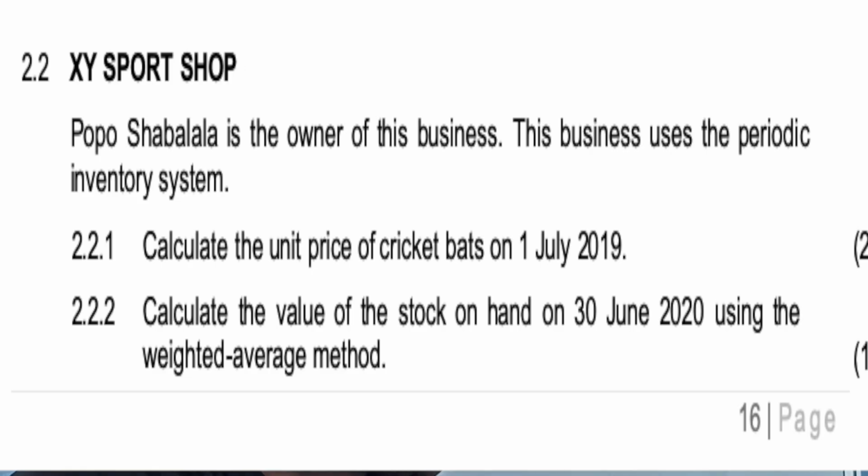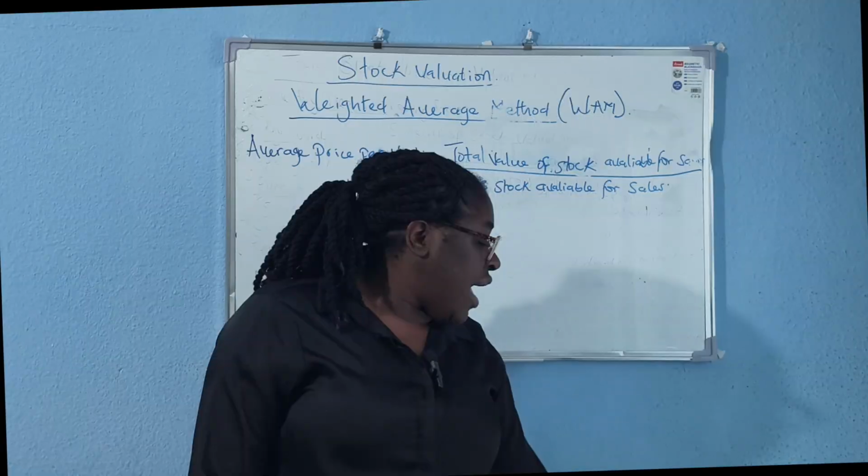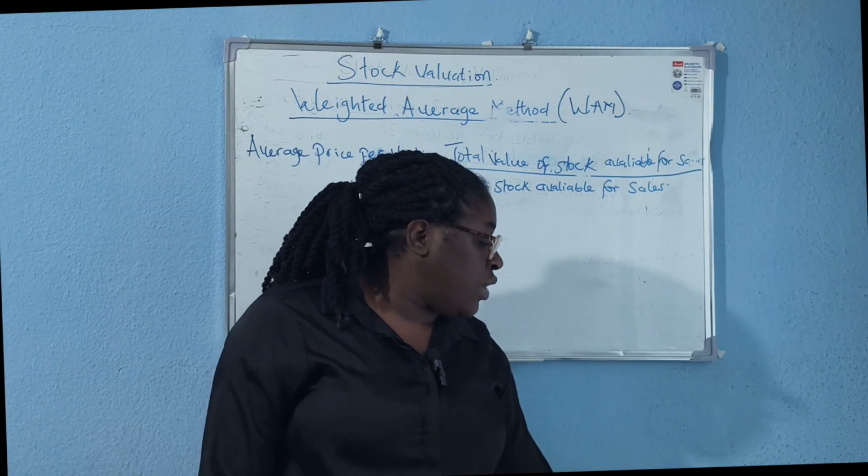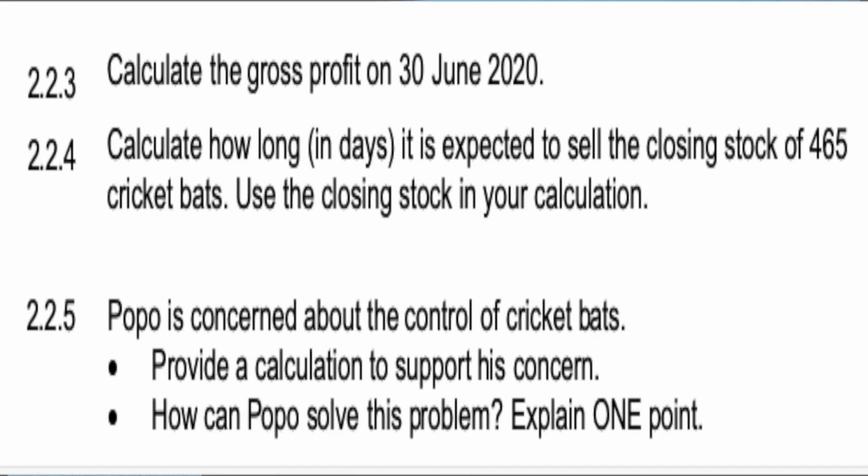And then the second question says, calculate the value of closing stock on hand on 30 June 2020 using the weighted average method. And then we have to calculate also the gross profit as well as the stock holding period.